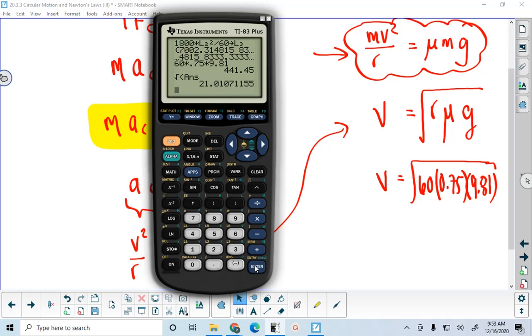Does anybody else get 21 meters per second? Okay, so we would say 21 meters per second. If you wanted to know kilometers per hour, we could multiply by 3.6 and get 76 kilometers per hour rounded to the nearest kilometer per hour. Don't psych yourself out here and say, well, if we round to 76, that's too fast. You just round your answer using the rules for how you round the answer.